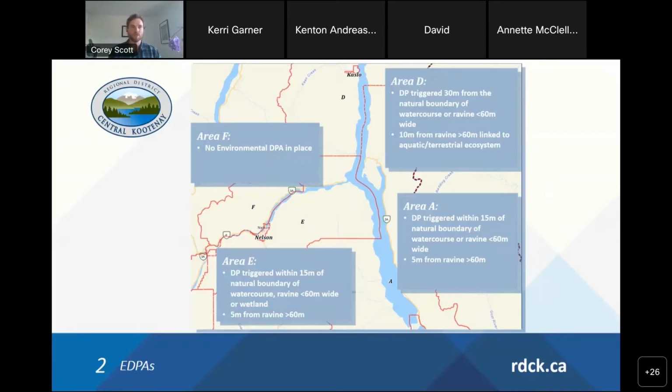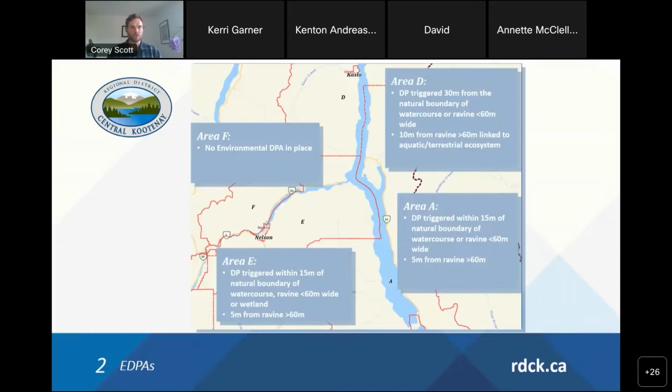So along Kootenay Lake, really they're seeking to preserve the riparian area along the shoreline. And they're guided by specific objectives that we're trying to achieve for the areas that they apply to. And then for those areas, we use specific guidelines for development to help achieve those objectives that have been identified.